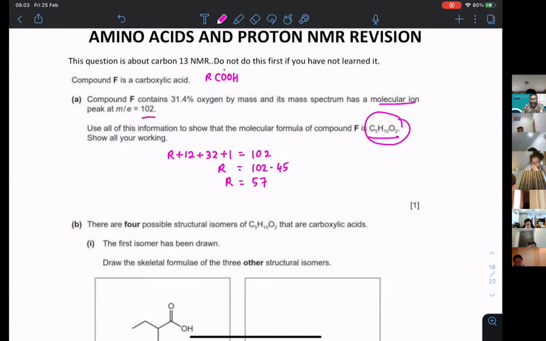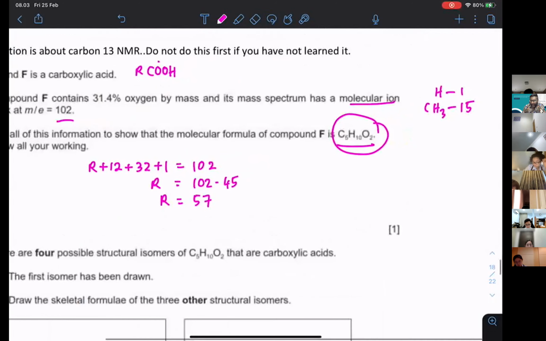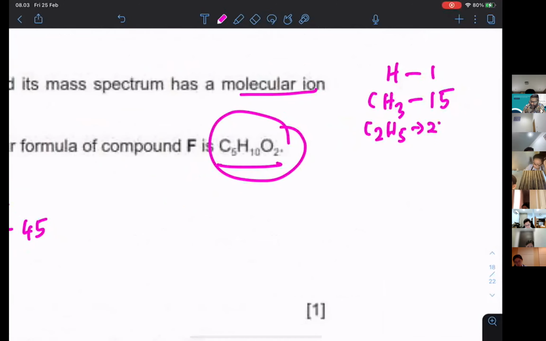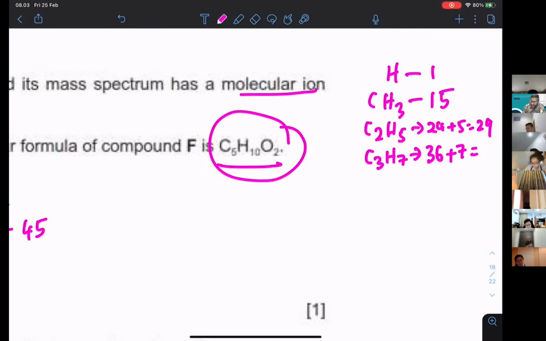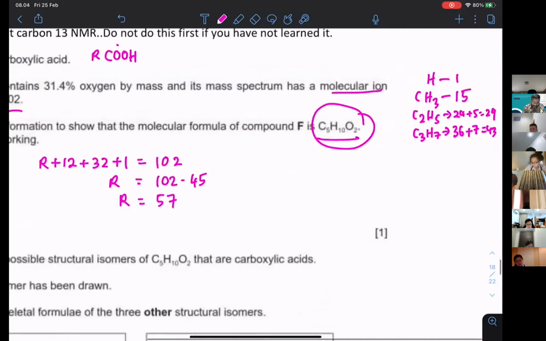R is 57. Now, the R can be hydrogen, which is 1. R can be CH3, which is 15. Then R can be C2H5, which is going to be 24 plus 5, which is going to be 29. I'm looking for 57. C3H7, 3 times 12 is going to be 36 plus 7, which is 43.